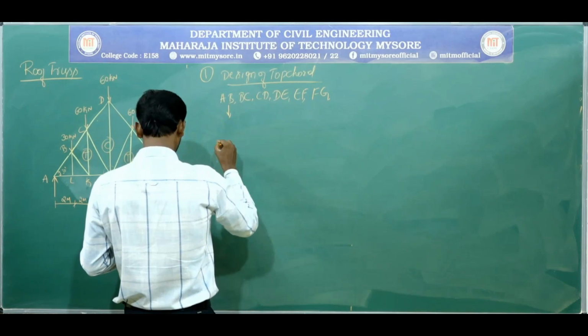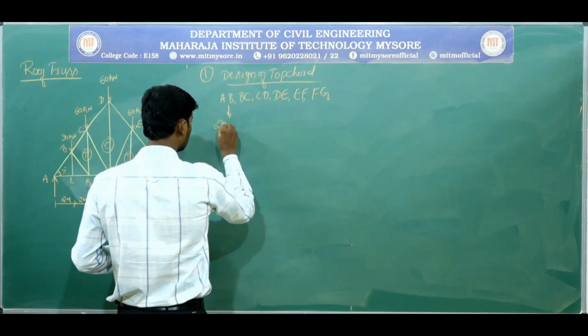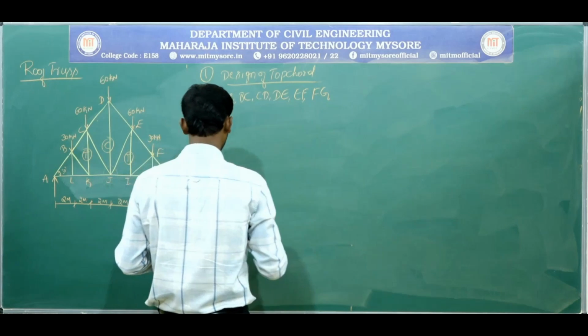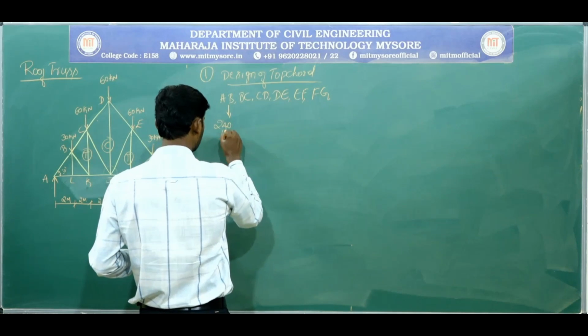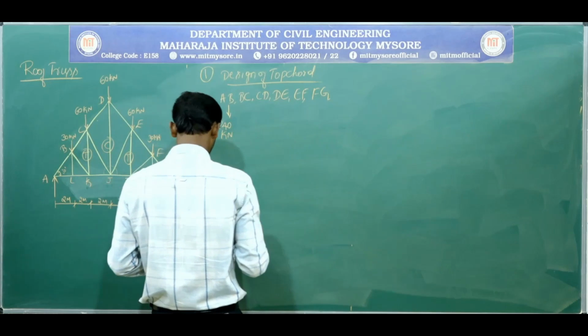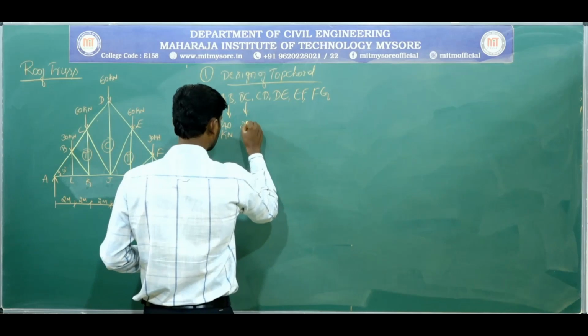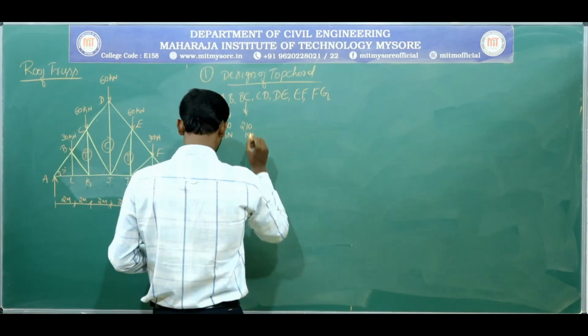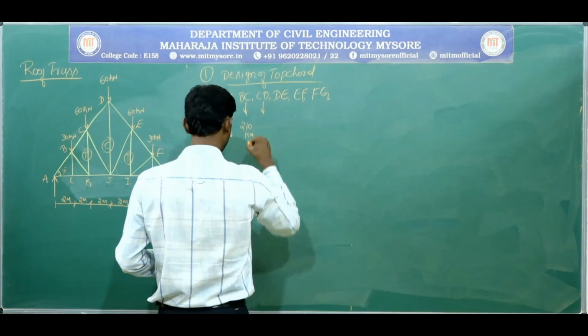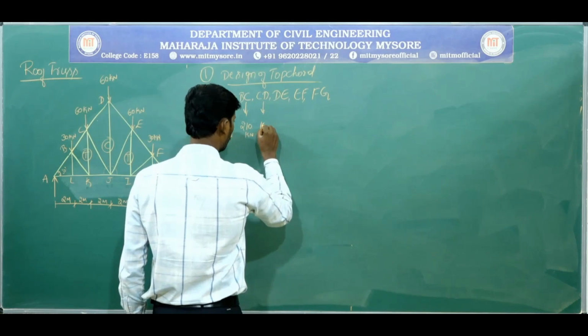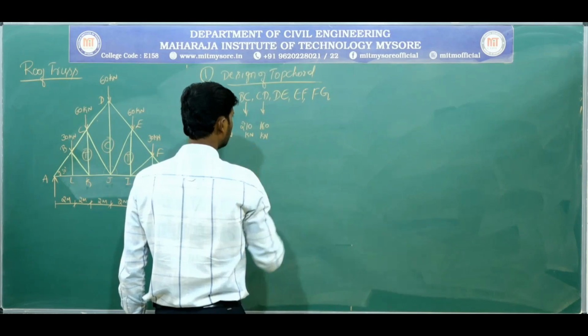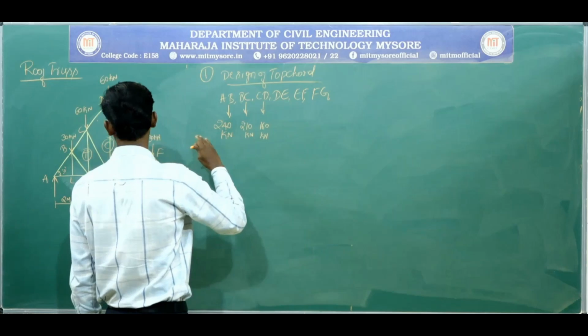For AB we are having 240 kilonewton, and BC we are having 210 kilonewton, and for CD we are having 160 kilonewton, correct.